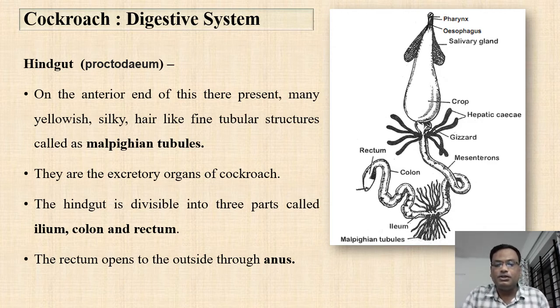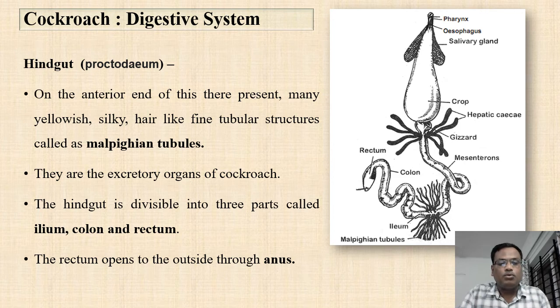These Malpighian tubules extract nitrogenous waste from that hemolymph, and the nitrogenous waste is directly transferred to the hindgut part of the alimentary canal. In this way, we can consider the hindgut involved in the excretion process also.